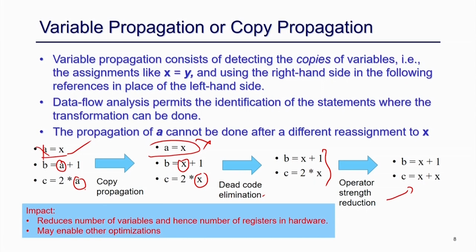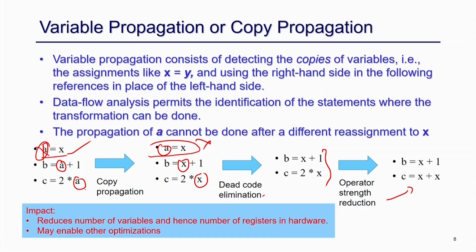What is the impact? Definitely it has an impact on the registers, because I am now removing some of the variables, like a. So I do not need a register to store a, and this has an impact on the number of registers. Also, an important factor is that once you have done this, it might enable other optimizations.